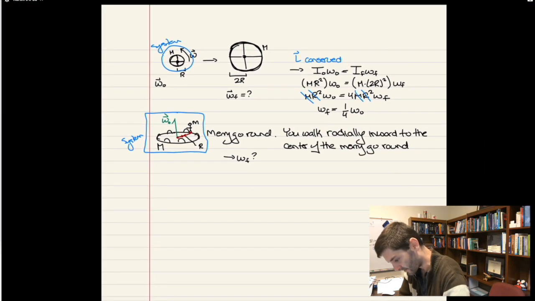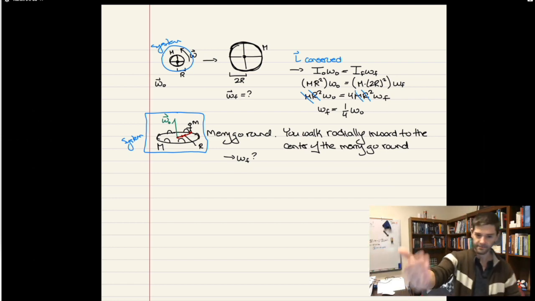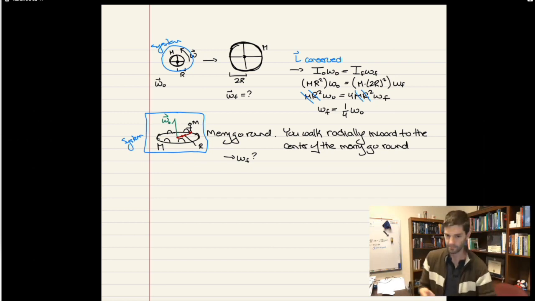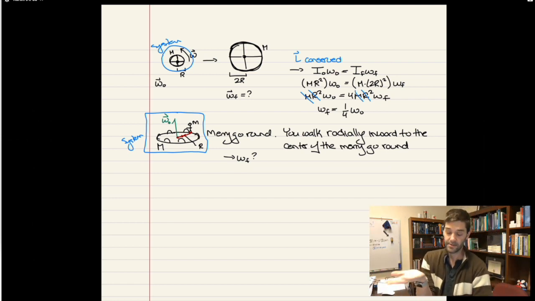see how easy I can draw this. I need to zoom in. By drawing it radially inward, I'm applying a force, friction is applying a force on my feet. That's what helps me propel myself forward. But if I stick with moving radially inward, I actually don't even exert any torques on the merry-go-round.